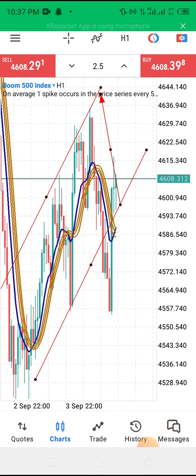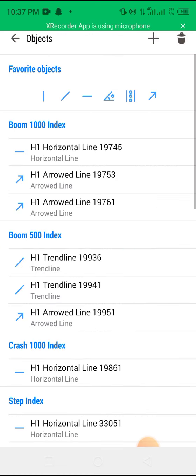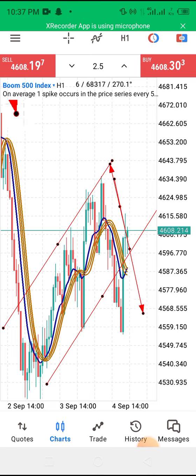So if we were to take a long trade, we expect it to sell, we have to wait for it to get to this point here, before we start thinking of selling. Okay, like this.